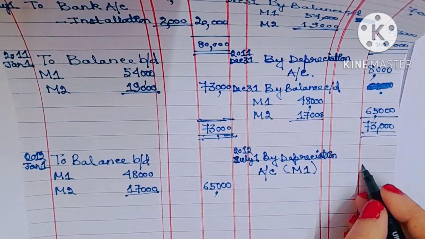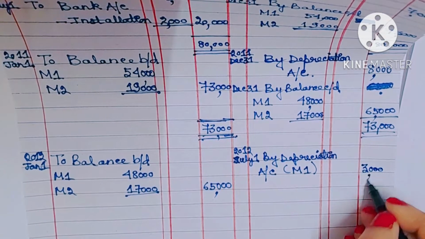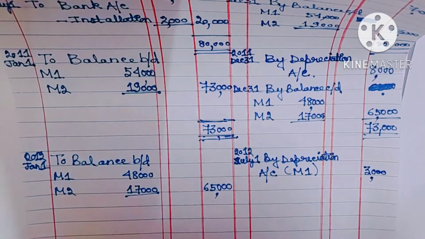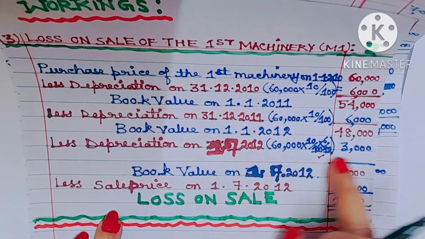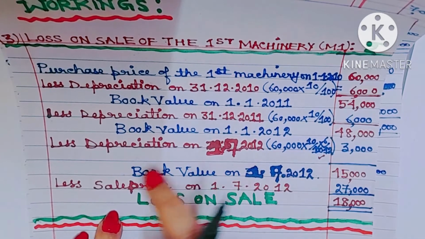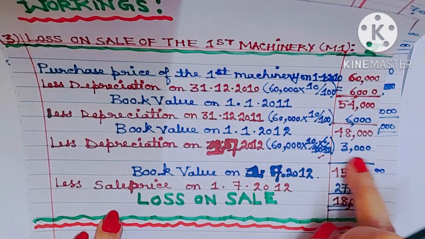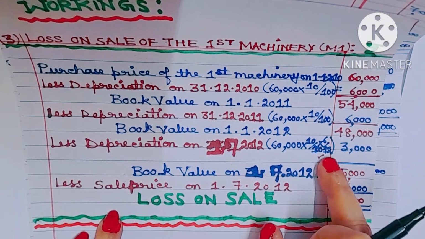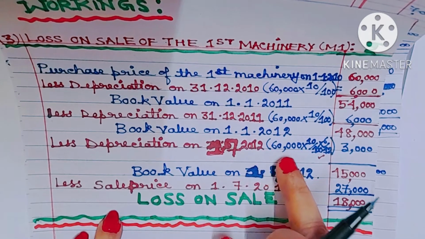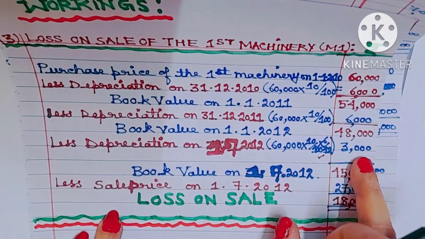So what is the depreciation for the first machinery on 1st July 2012? 3,000. Less depreciation on 1st July 2012 is 3,000. That is 60,000 into 10 by 100 into 6 by 12, that is from 1st January 2012 to 30th June 2012. 3,000. Understood?